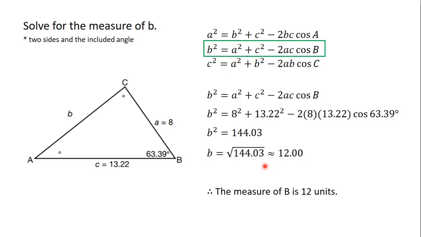No, we don't need to, because we are dealing with measurements, with lengths, and lengths cannot have a negative value. So we're just going to extract the principal root, which is the positive root. So our conclusion: the measure of B is 12 units.